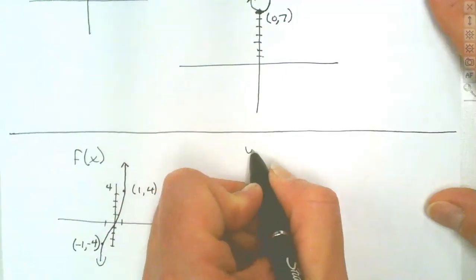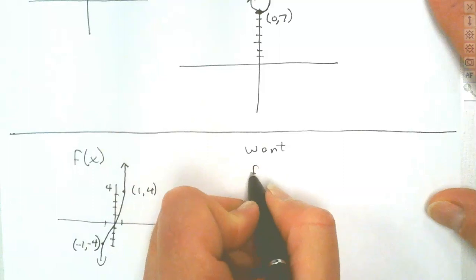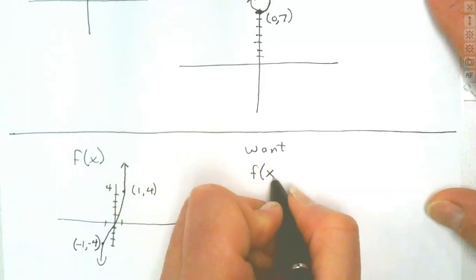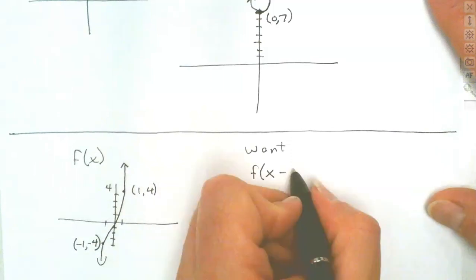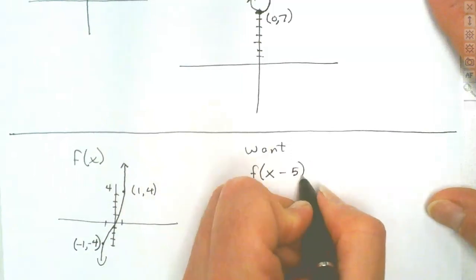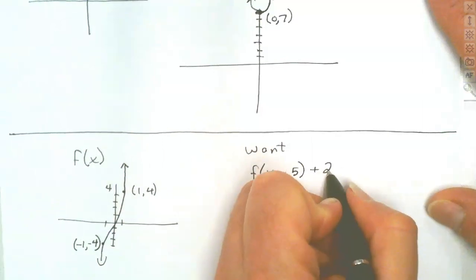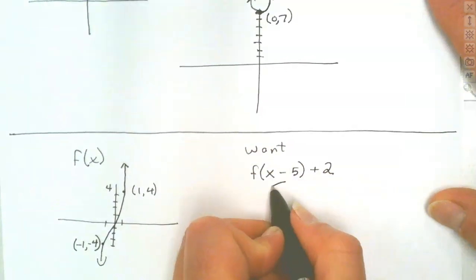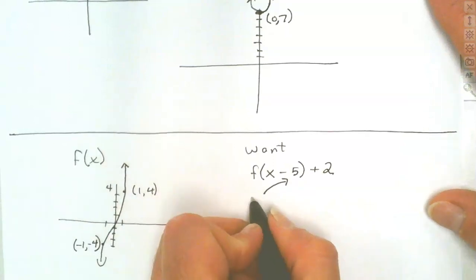We now want f of x, let's say, -5 plus 2. So that -5, what that's going to do, it's inside, so it moves it forward.